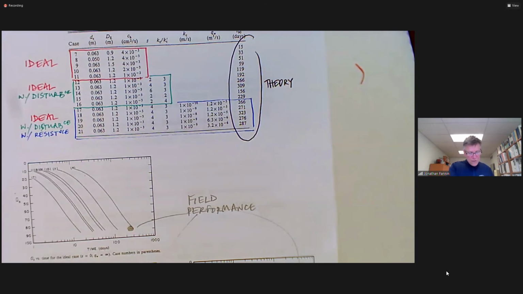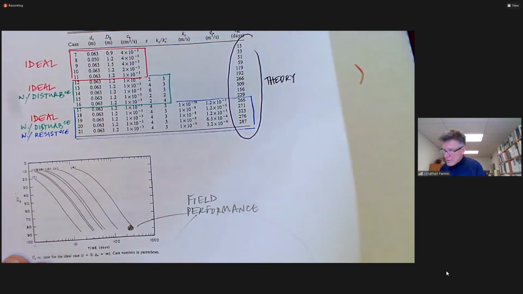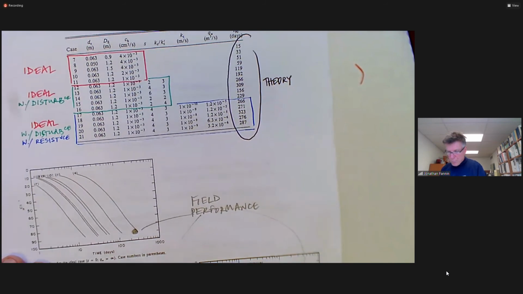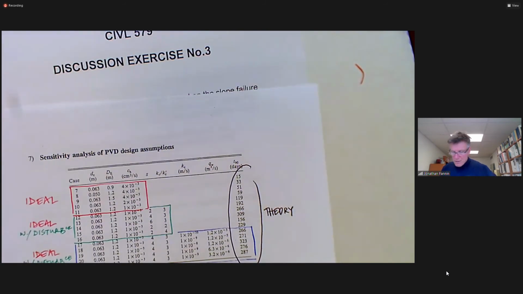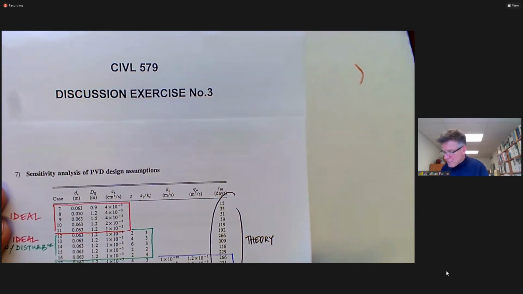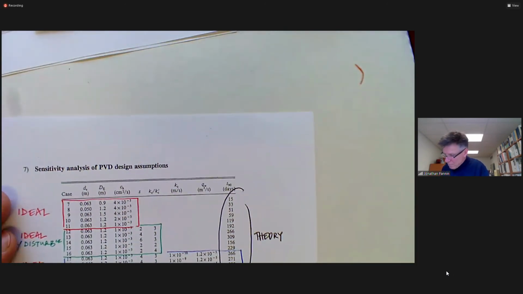was that the coefficient of consolidation, C sub H, is the most important parameter. Okay, the single most important parameter out of the sensitivity analysis came, and if you want to read through the details, please go to the paper itself.